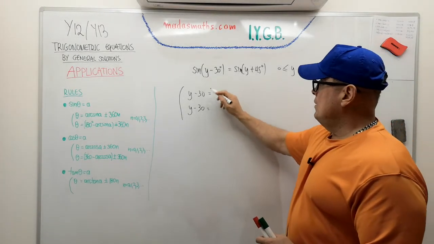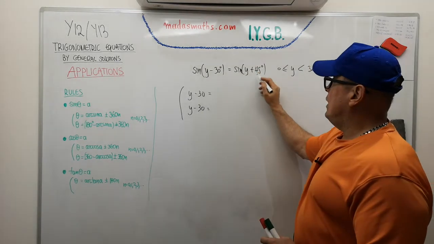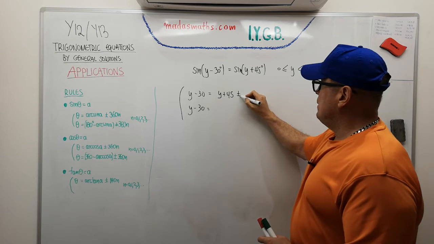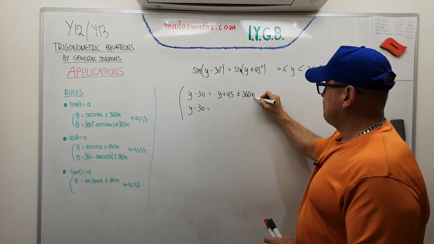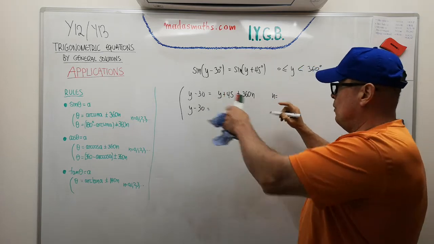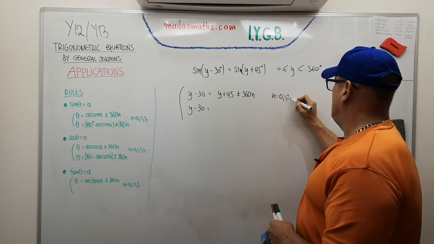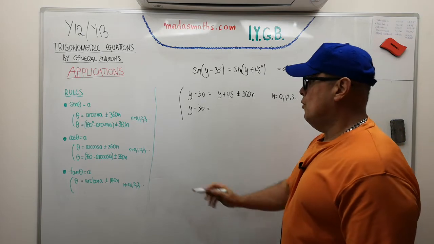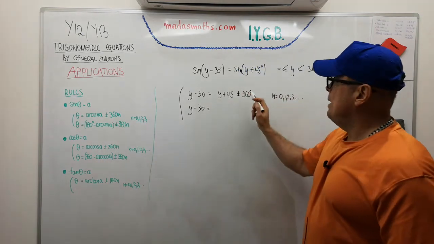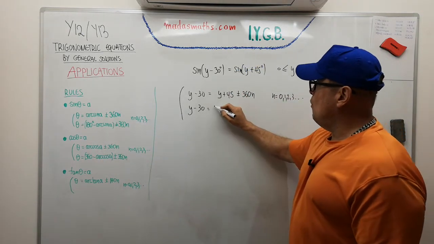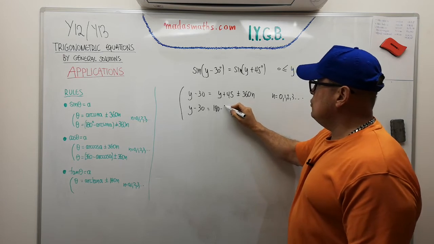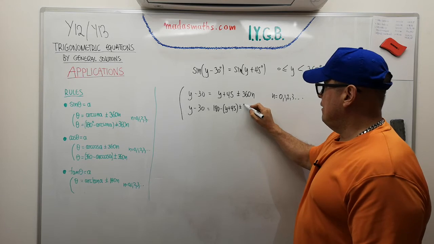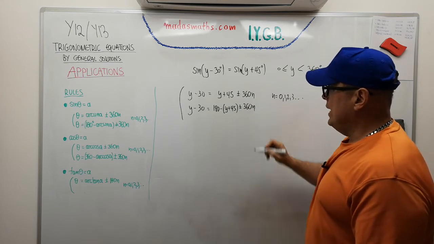So y minus 30, principal value, y plus 45, with repeats of 360. That's rule number 1 up there. And the secondary value for a sine is 180 minus the answer you got there, so 180 minus bracket y plus 45, with repeats again of 360. And we need to do a tidy now.